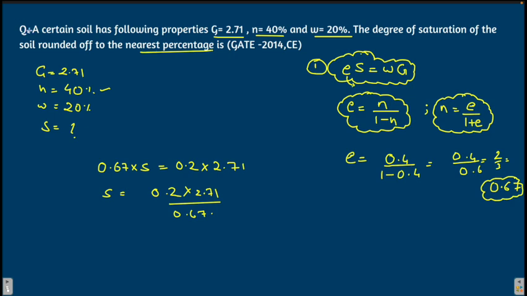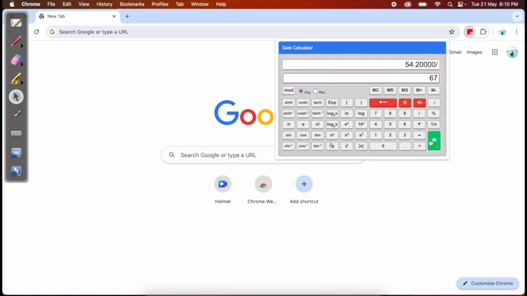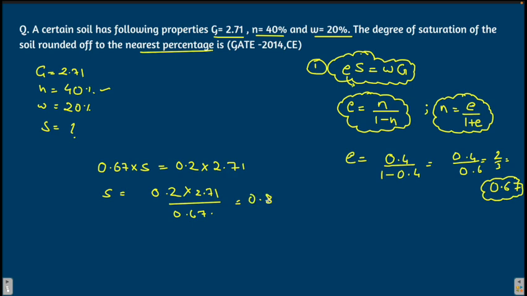What is the denominator now? It's 67. Now I divide by the denominator. In this way there are very few chances of committing a mistake. It's 0.8089. Another tip, students: after finding the answer you should read the question again, because the question states that the answer should be rounded off to the nearest percentage.